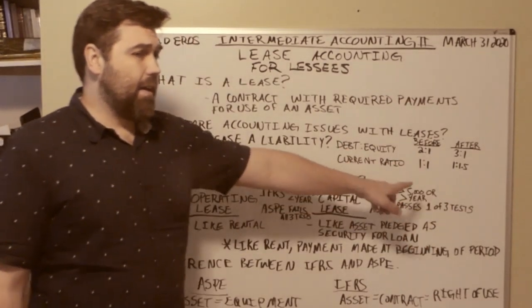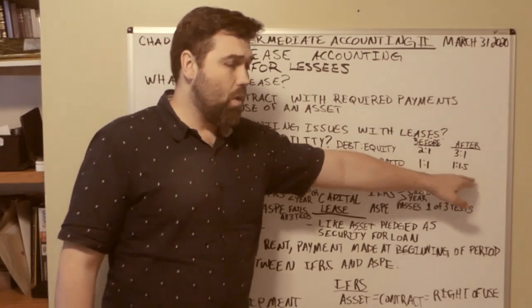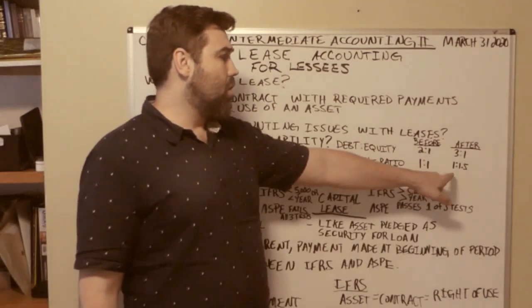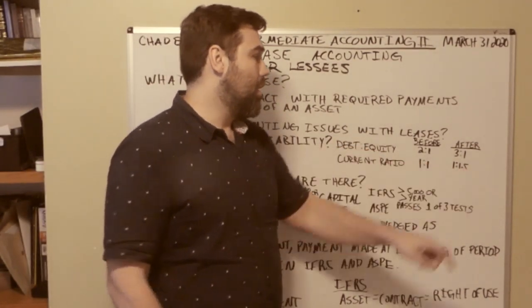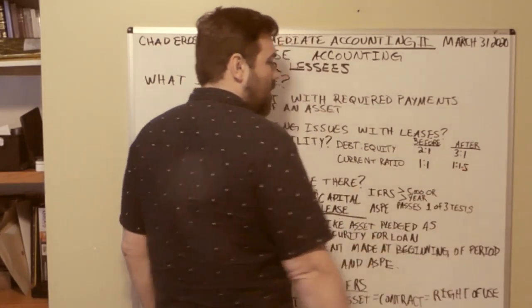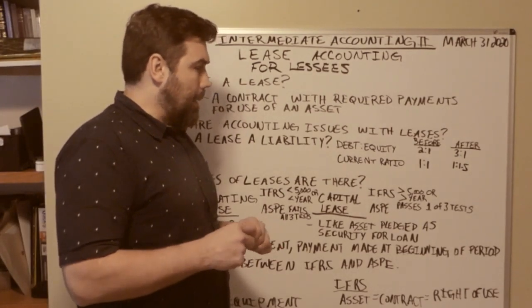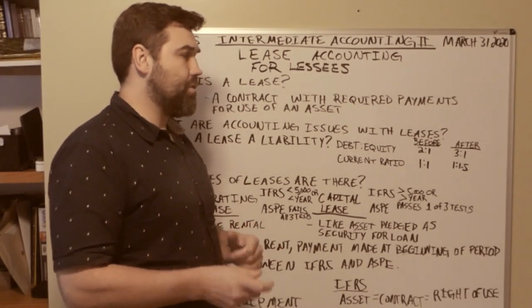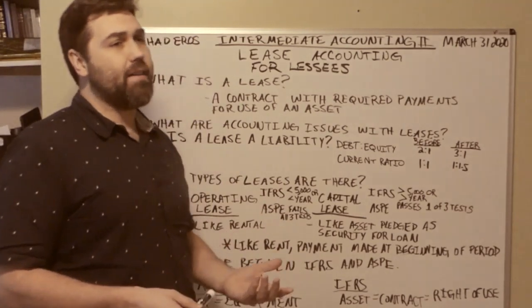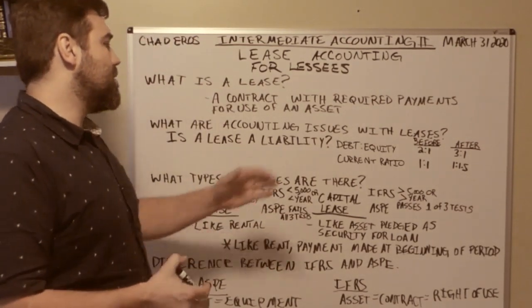After adding a lease to your balance sheet, it could be 1 to 1.5. That means your current assets can't cover your current liabilities if we were in a liquidation situation where you need to sell all your assets to cover your liabilities. So it makes it look worse.